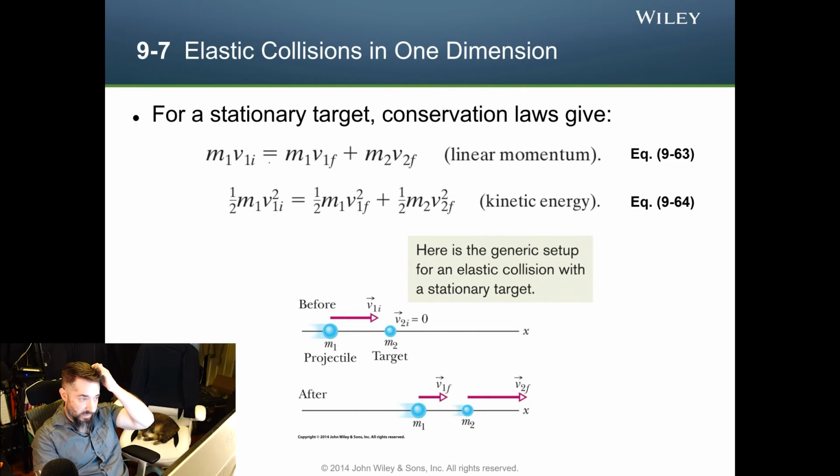And here we have it written out in algebraic form. You have mass 1, velocity 1, initial, and if mass 2 is sitting still, that goes to 0, it's disappeared. We've simplified the equation because of that. Now again, like I said earlier, don't start mixing up momentum and energy.